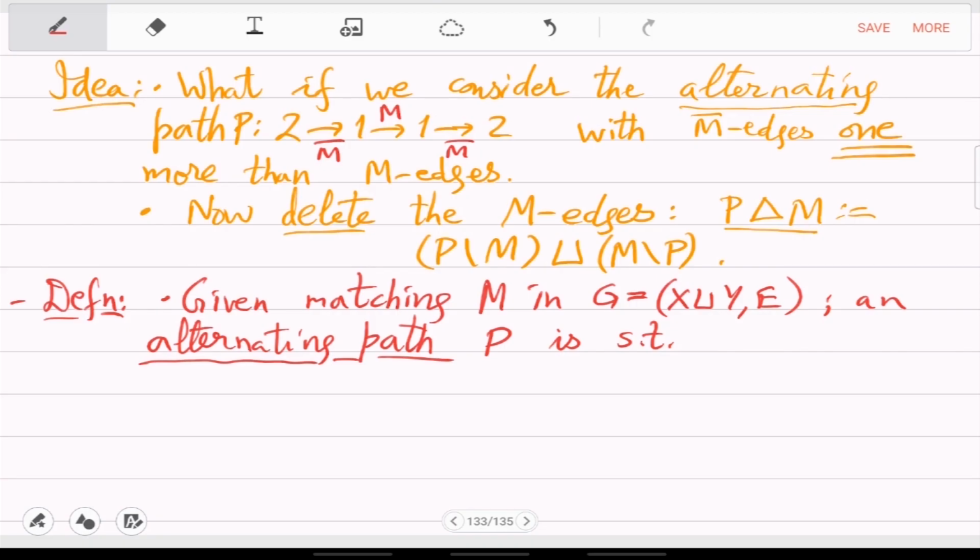But there is another thing which will alternate, which is matching versus non-matching.